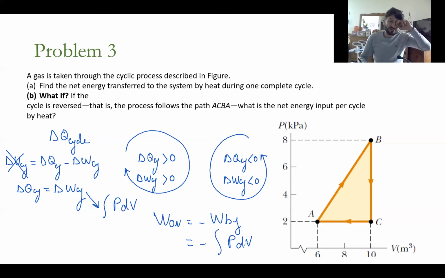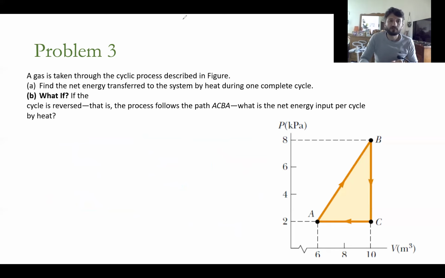In all the expressions here, we are using omega by the gas: delta U equals delta Q minus omega by the gas. The calculation of omega on will be via omega by. Anyway, here I ask you to find delta Q of the cycle.